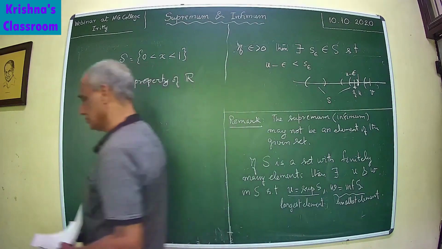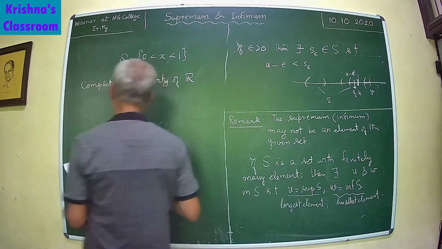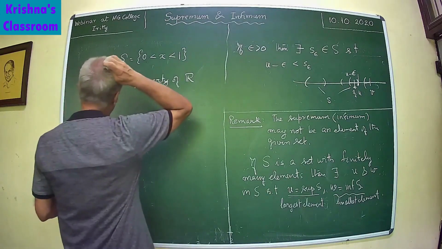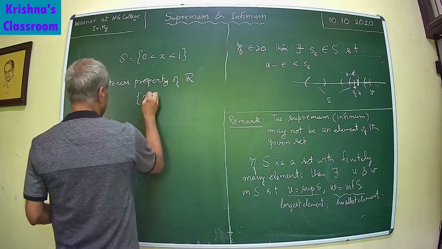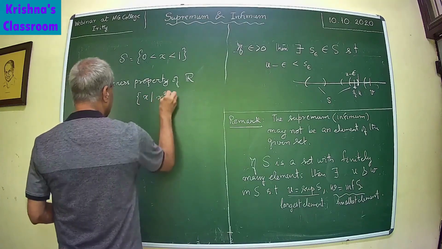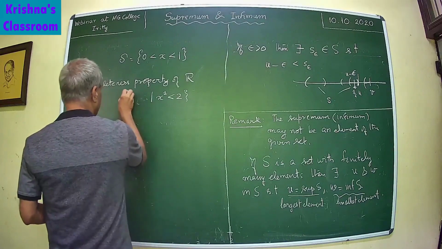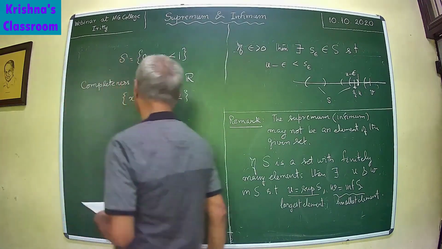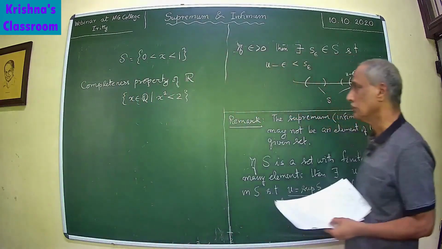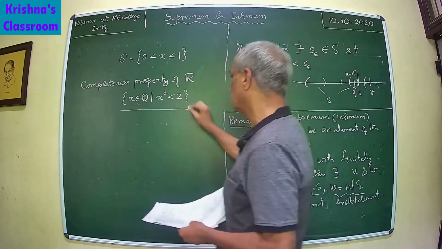Okay? Suppose you are discussing this in the following context, as I said, where you take x belonging to Q and search for the supremum and infimum in Q. Does it have a supremum?